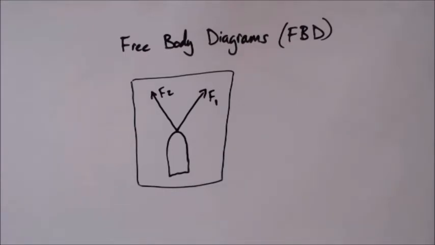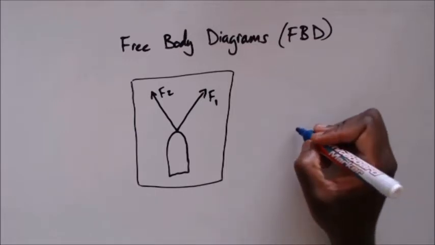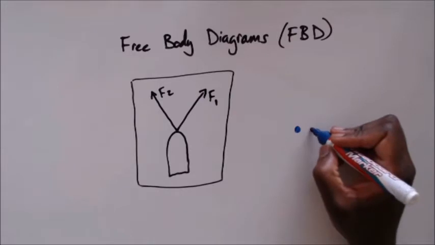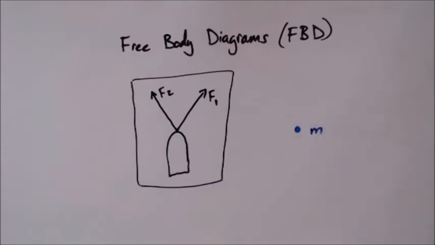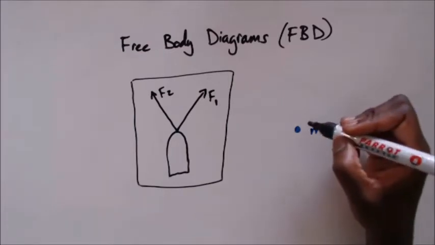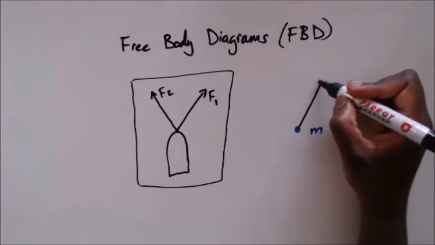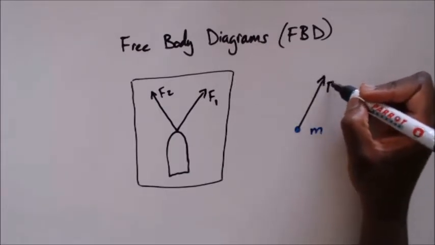And for a free body diagram, we represent the object of interest by a dot. And very often we put the mass of the object next to that dot. And then what we do is we draw lines, directed line segments, to represent the forces which act on the body.